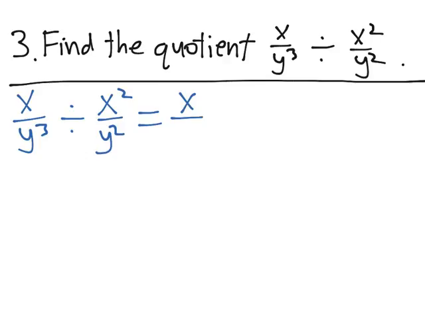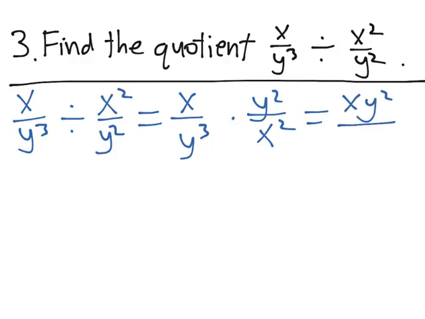So this equals x over y cubed times y squared over x squared. Now if we multiply across, the numerator will be x times y squared, so xy squared, and the denominator will be y cubed times x squared, so x squared y cubed.